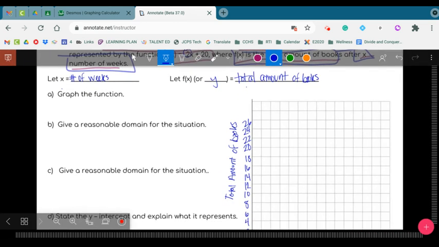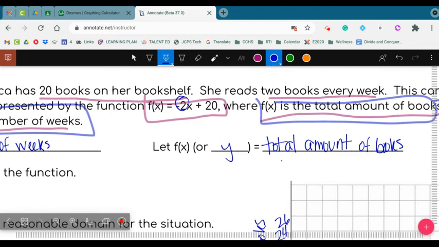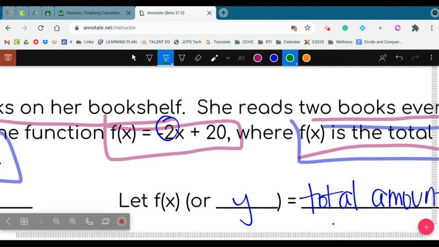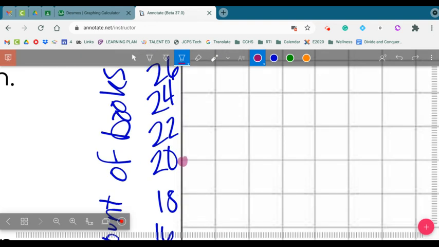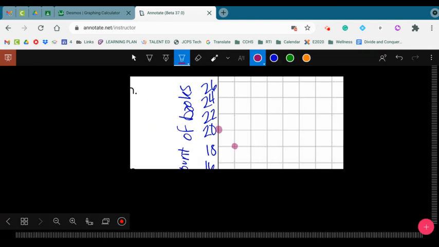So next we're going to use this equation to plot it. Now, if you need to put this into your calculator to help you, you are more than welcome to do that. But we know our y-intercept is 20. So that's going to be the first point I plot, a point at 20 on my y-axis. Now my slope is -2. So since she's reading 2 books every week, I'm going to go down 2 books over 1 week.